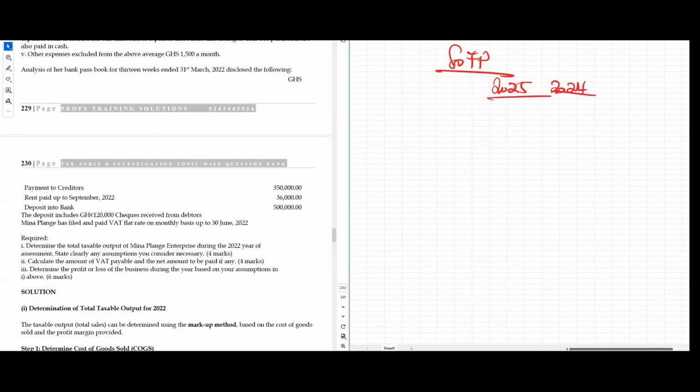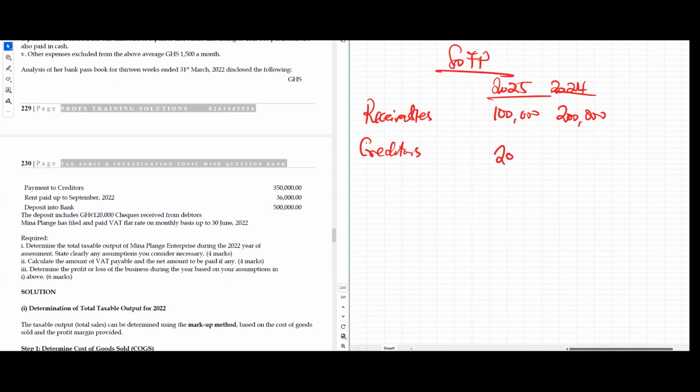This guy had receivables. You know what receivables means? Your customer balances. So in 2025 his receivables was 100,000, and in 2024 his receivables was 200,000. Then under liabilities we have payables or creditors.